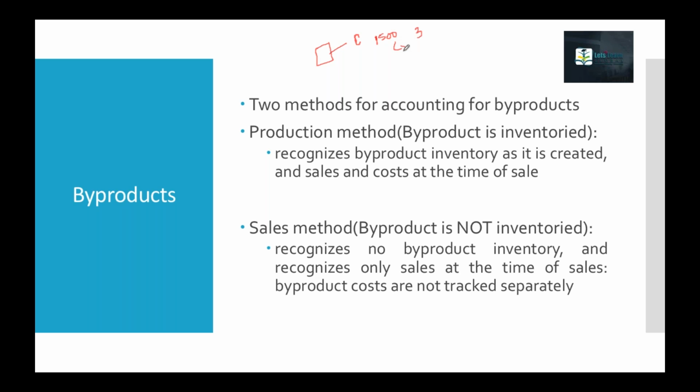If at all you are spending some money to sell them off, you should deduct that, and only the net amount should be multiplied. 1500 into 2, $3,000, you need to deduct from this $92,000. The joint cost is $92,000, say for example. So if there is any selling expense of the byproduct, still you need to deduct that. Only the net amount you should deduct from the joint cost.